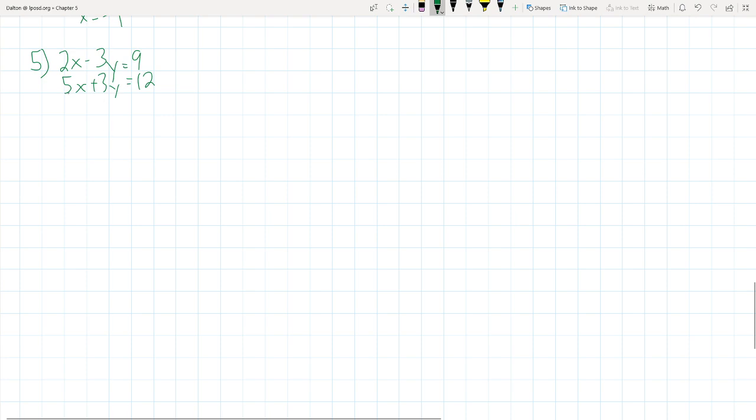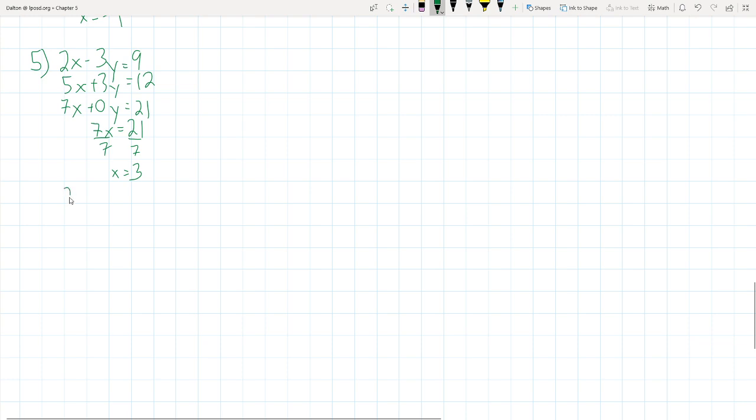This cancels out, so we're going to add these together. So we get 7x plus 0y. 9 plus 12 is 21. So we get 7x equals 21. Divide by 7, divide by 7. x equals 3.